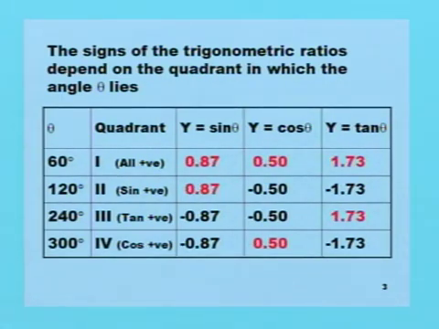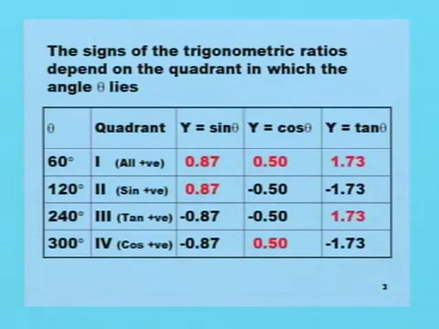120 degrees will fall in the second quadrant, and in the second quadrant only the sine ratio is positive. Cosine and tangent would be negative. So when theta is 120 degrees, sine 120 degrees is equal to 0.87.